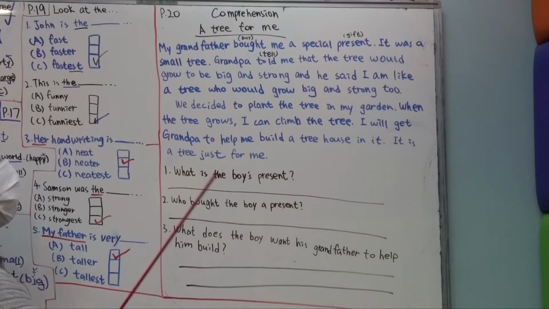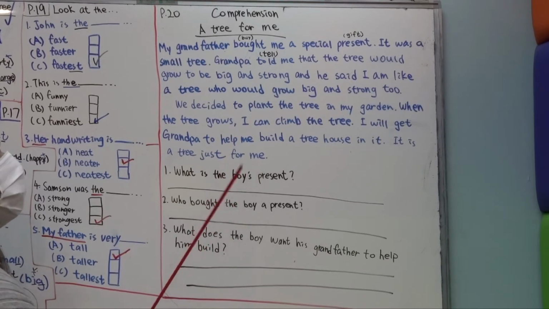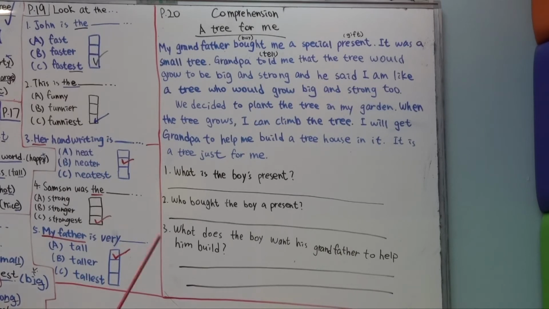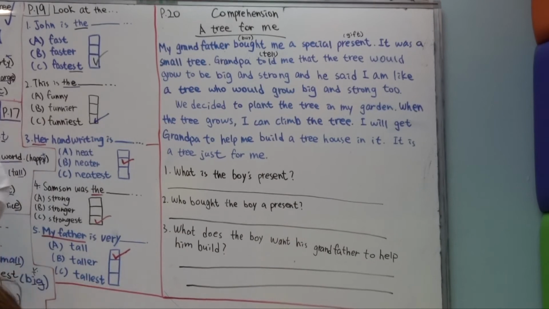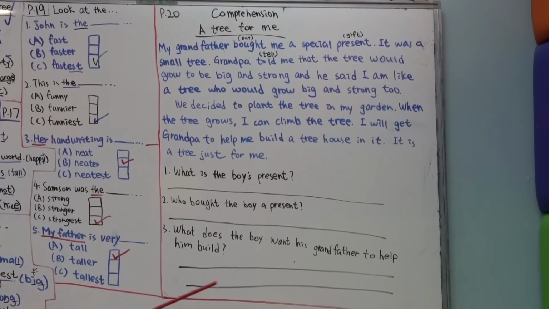It is a tree just for me. Wow. Okay, so we are done with this reading, right? Now all you have to do is answer these questions in complete sentences. Okay, in complete sentences.